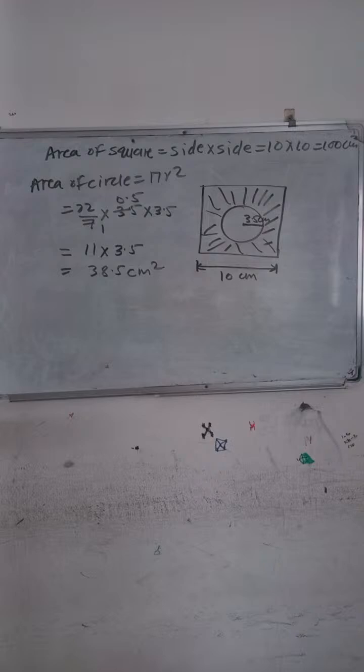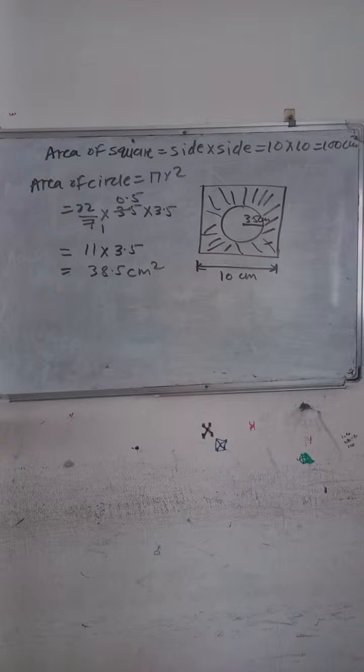Find the area of the remaining sheet. I will repeat this. From a circular sheet of radius 4 centimeter, a circle of radius 3 centimeter is removed. Find the area of the remaining sheet. And they are asking us to take the value of pi as 3.14.